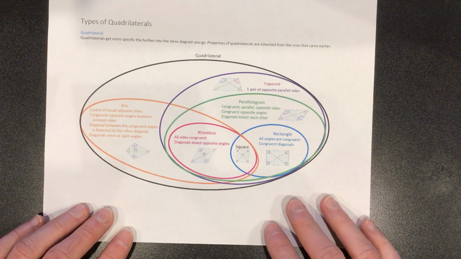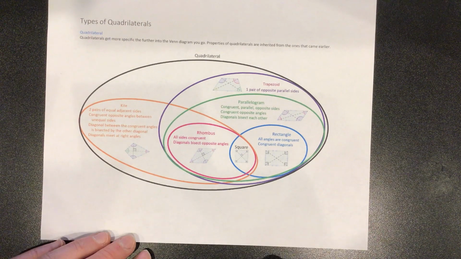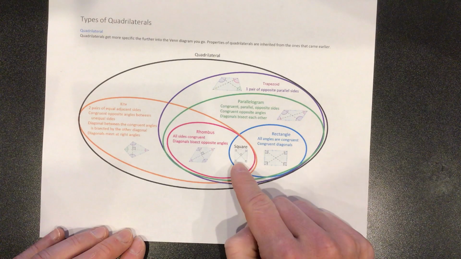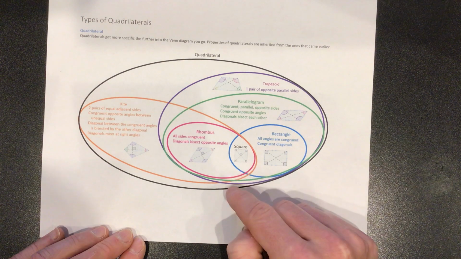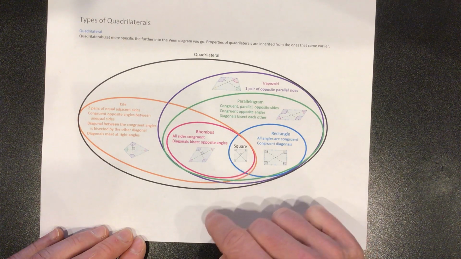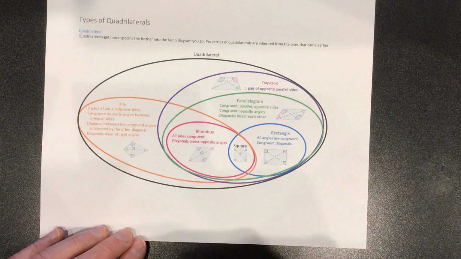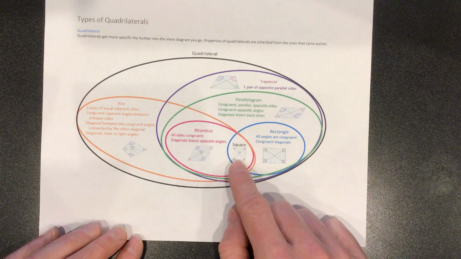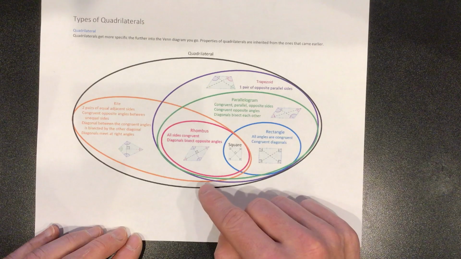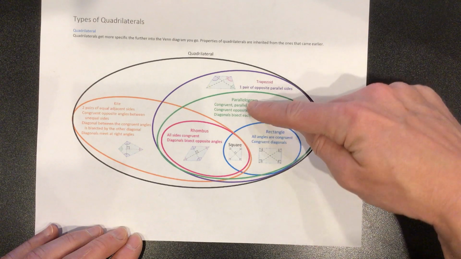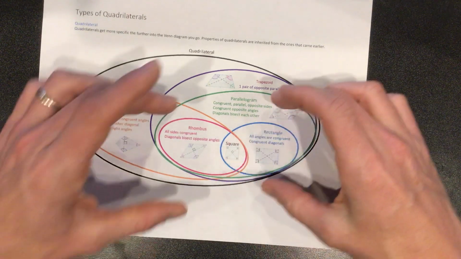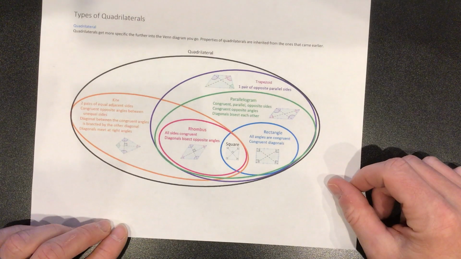Generally, we want to describe something that is true for everything. Like all squares, the diagonals are congruent, the diagonals are perpendicular, the angles are congruent, all the sides are the same, so there are all these properties of a square. But again, if something is true for a parallelogram, then it's true for everything inside of the parallelogram.